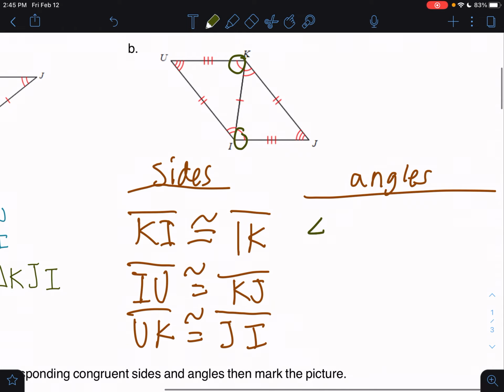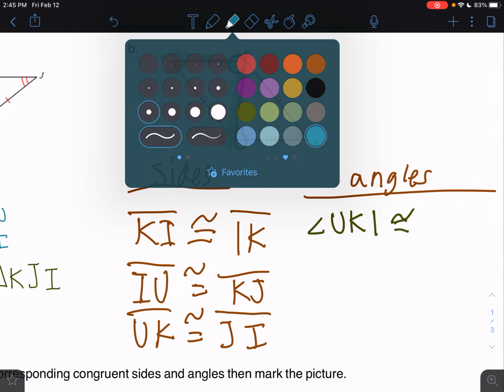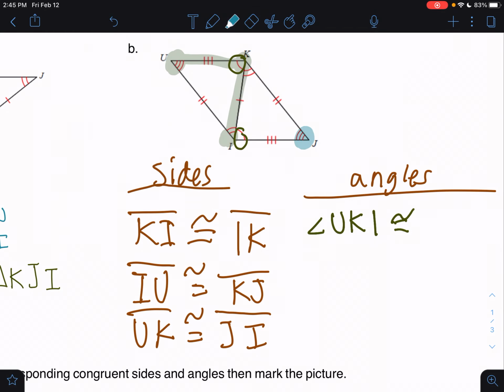So I'm going to say angle UKI is congruent to the next angle. Now, we went from 3 to 1 to 2. We need to do the same thing with this one. So we want to go from 3 to 1 to 2. So our order here is going to be JIK.